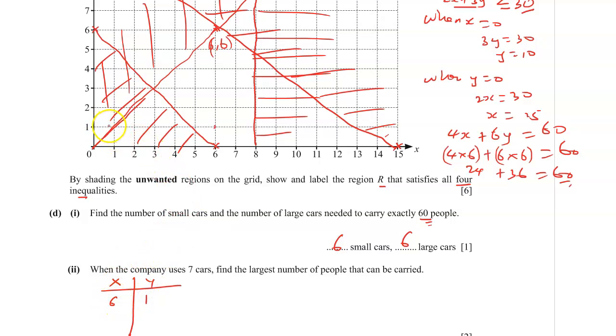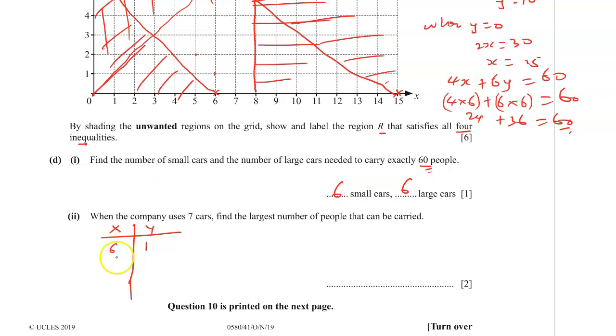When y is 2, x can be 5, to be 7, so 5, 2. When y is 3, x can be 4, so 4, 3.